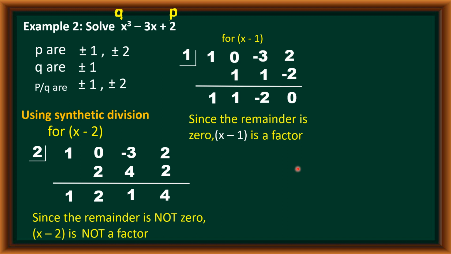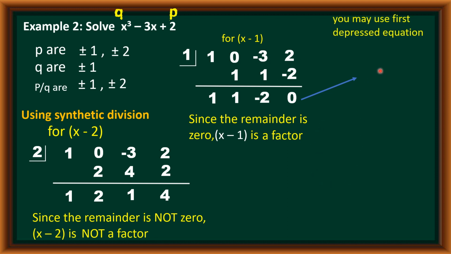Ayun. So, meron na tayong isang factor. Dalawa na lang yung hinahanap natin, ha? Pero, ituturo ko sa inyo ang mas madali. Since dito pa lang, ang remainder natin ay nag-0 na, pwede natin gamitin yan sa halip na itong 1, 0, negative 3, 2. Ang tawag dyan ay first depressed equation. Okay?